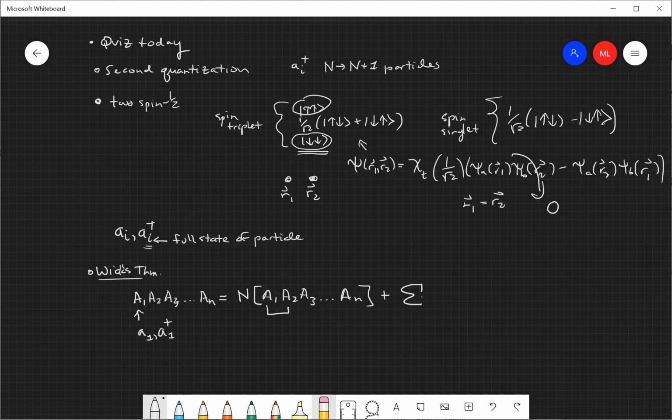And so you have a sum over all the pairs of operators in your product. And you don't want to double count, so that's why you sum over all j less than k. So you pick any two, and this just indicates that you don't want to overcount.